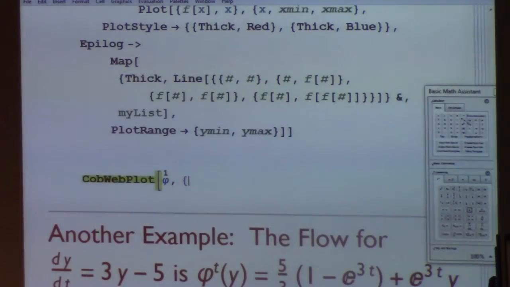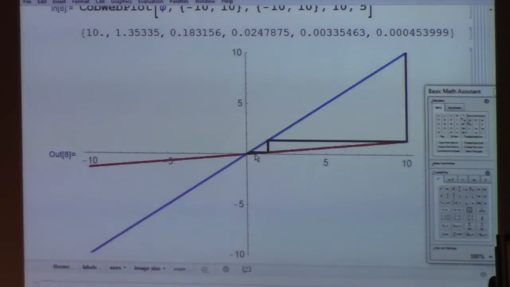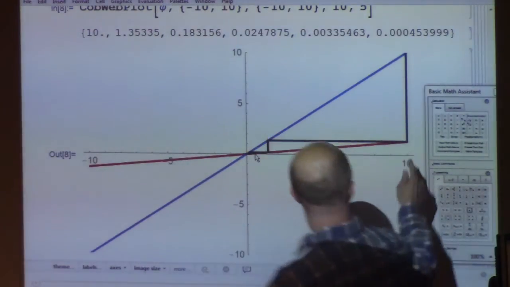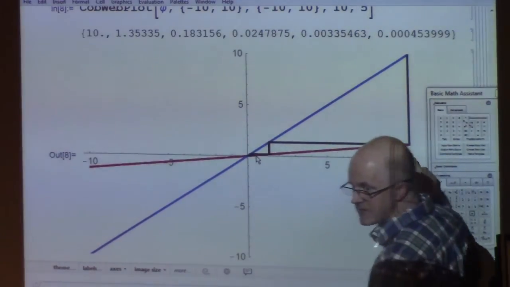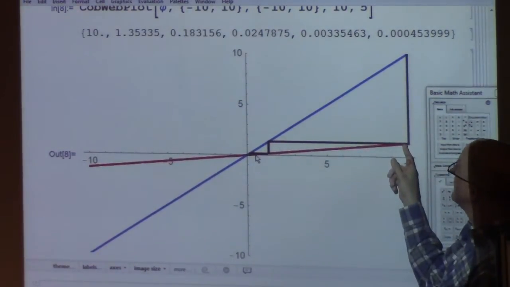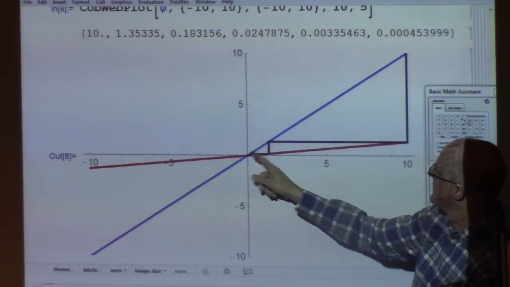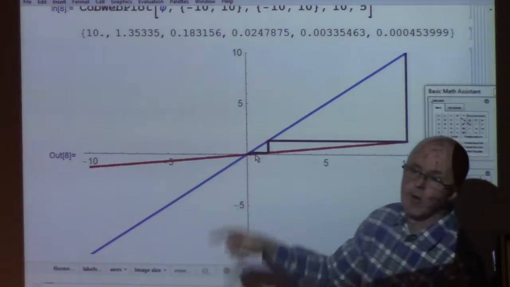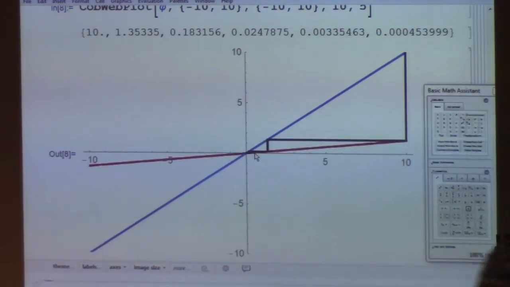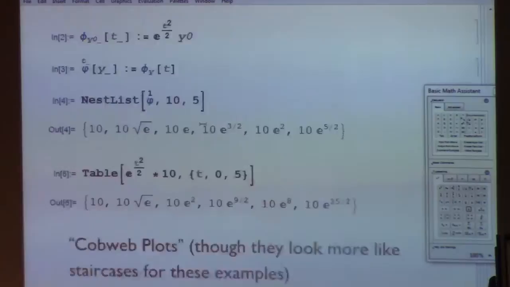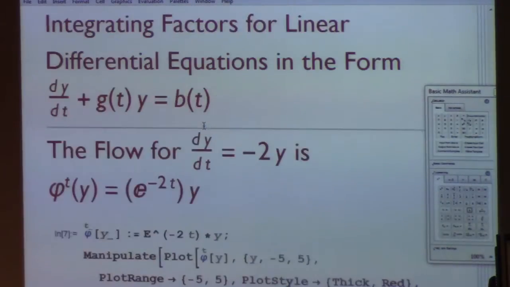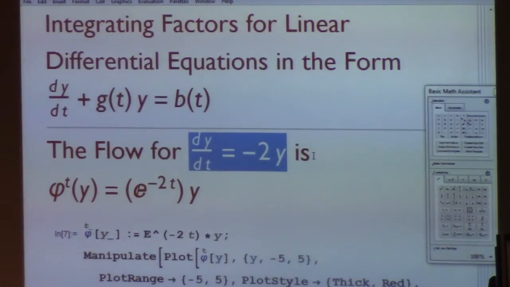So I could probably do something like this. Negative 10, 10, in both the x and y direction. Seed of 10, 5 iterates. I get a picture that's showing you kind of what I showed you the other day, except the other day I started on the horizontal axis here. I started at 10. I went up to the red graph, then over to the 45-degree line, back down to the graph, over, etc. That's showing you the iterates are approaching 0, which is reflecting the fact that on the phase line for this autonomous differential equation right here, the origin is the same.